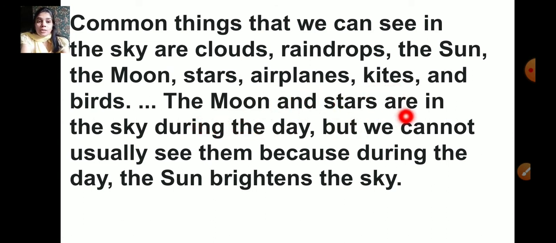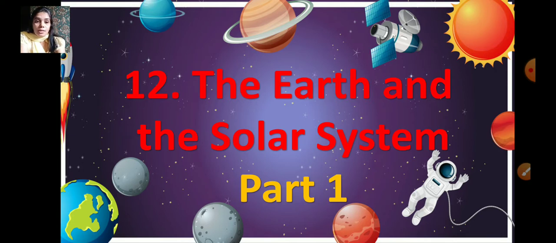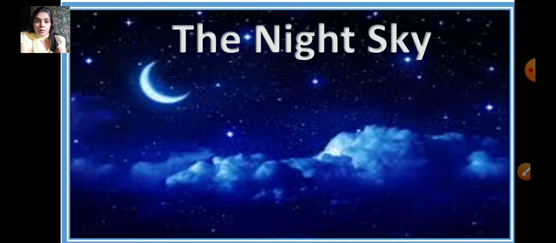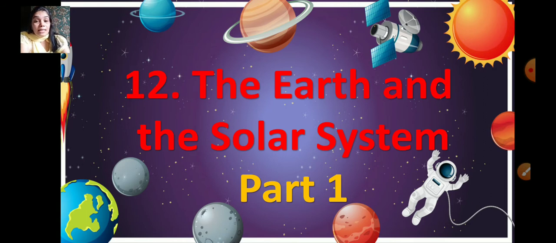The moon and the stars are in the sky during the day, but we cannot usually see them because the daylight brightens the sky. And there are also innumerable objects that we cannot see with our eyes. We are going to learn all of this in part 1 of lesson number 12, the Earth and the Solar System. Before we start, let us understand what space is.